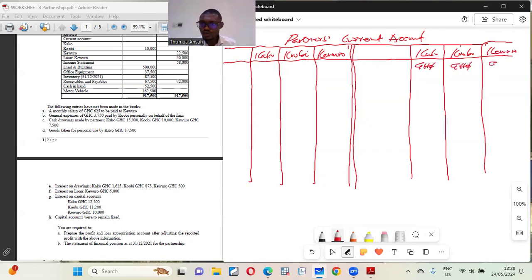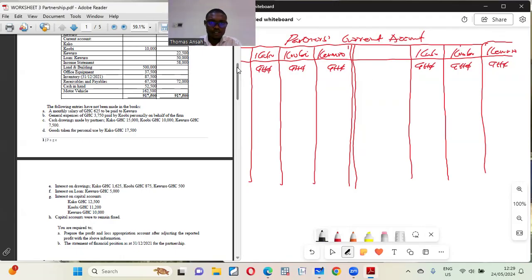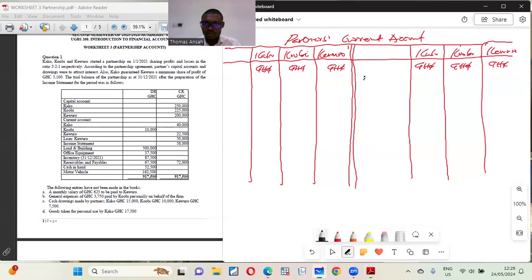This you must do so that you can at least get some marks. Okay, so once we are done with it, we start fixing in the things as fast as possible. So we know we have the balances. So the balance, balance brought down.